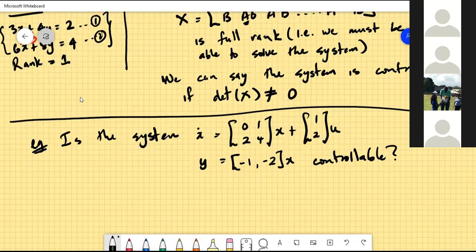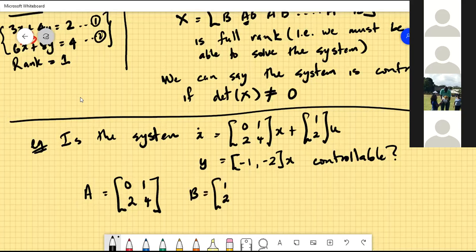So now, we're going to form the matrix X, which is, well, let me write down first of all what is A and what is B. So A is [0, 1; 2, 4]. And B is the input matrix, which is [1; 2].